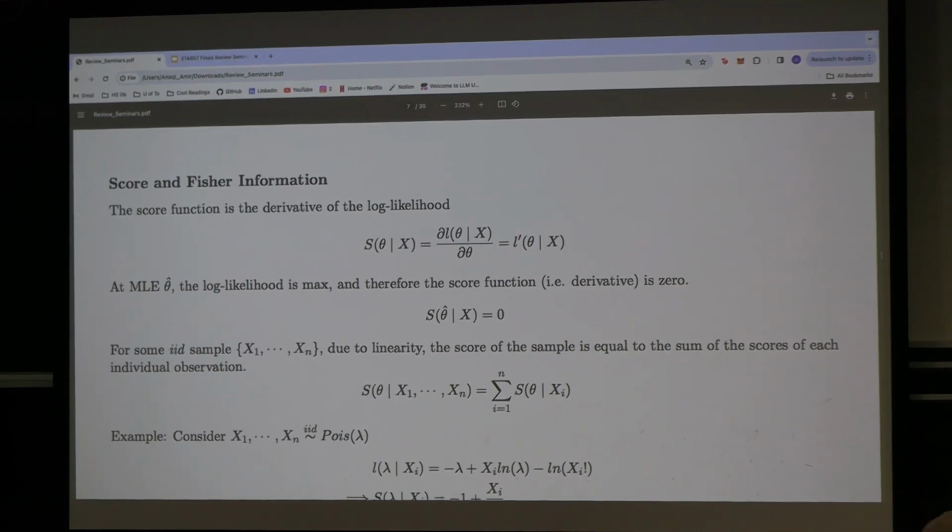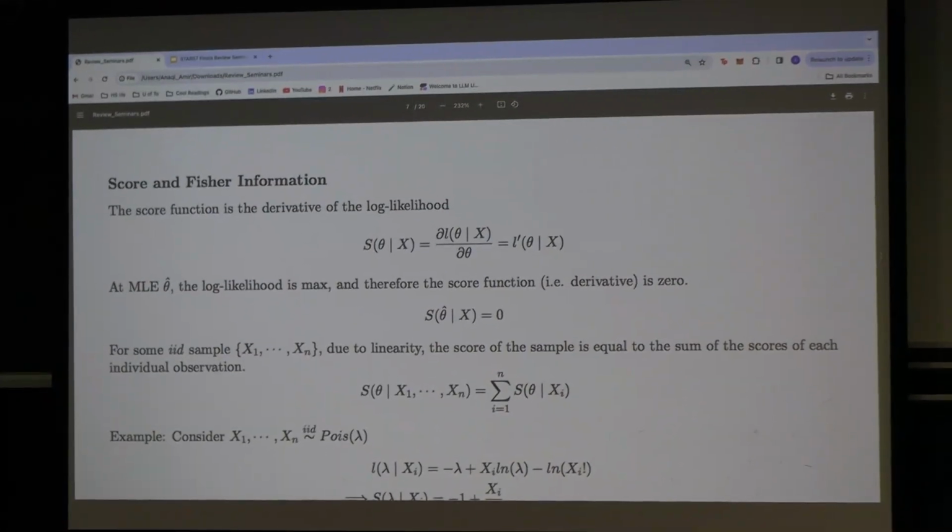Does it, in a sense, represent how well this sample conforms to the underlying distribution? In a sense, yes, right? And the score and Fisher information are along this same wavelength, where we're trying to identify how good our estimator is or how good a particular sample corresponds to the underlying distribution.